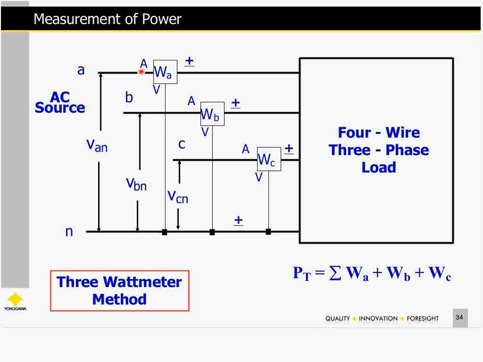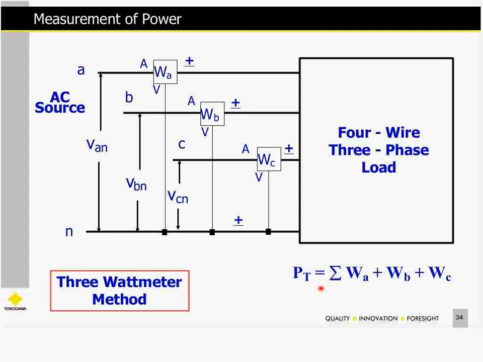We're going to measure the current in series and the voltage line to neutral on each of the wattmeters. Again, we have to follow the instructions on the unit exactly on how to hook it up with the correct polarity, because that's the way the engineers designed it, so that we get everything in the right phase, we make the total calculations, and get the correct value.